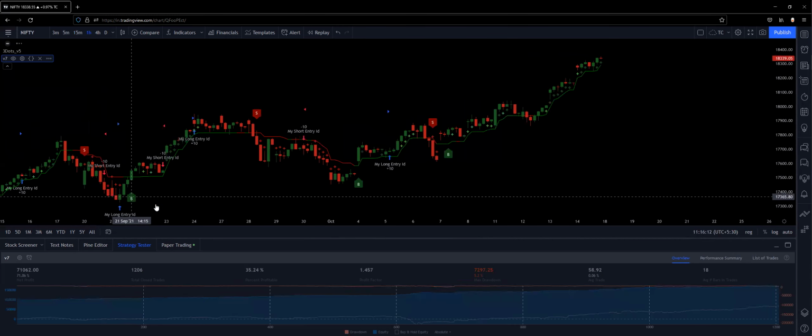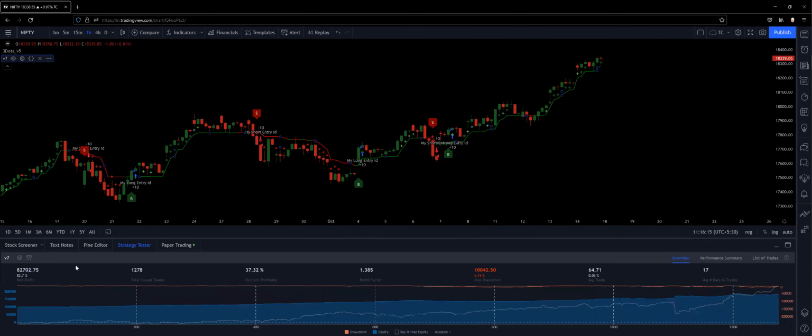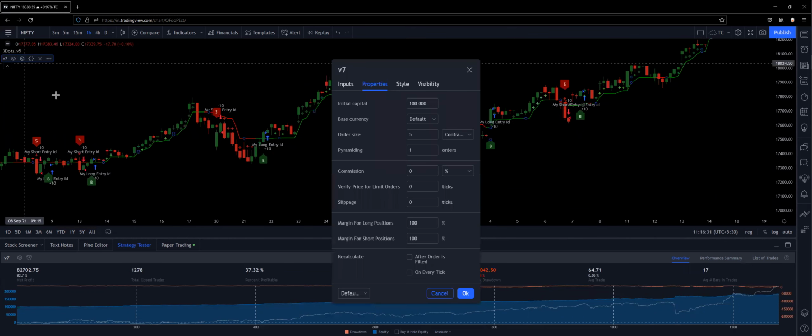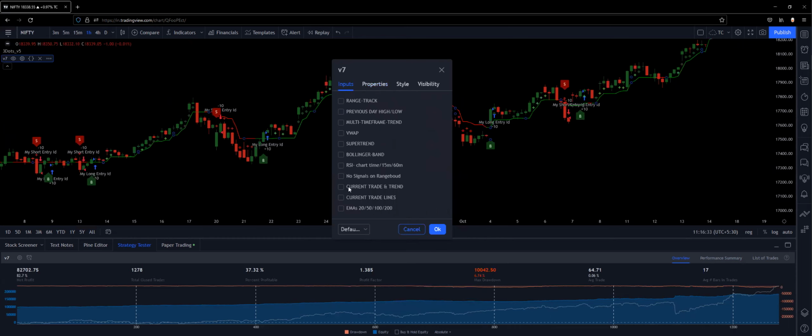Let's see for 1 hour. Not much improvement, but fine. 82% is a huge return. Net profit is 82% with respect to the system. And that too, I have not calculated the no signals on the range bound.